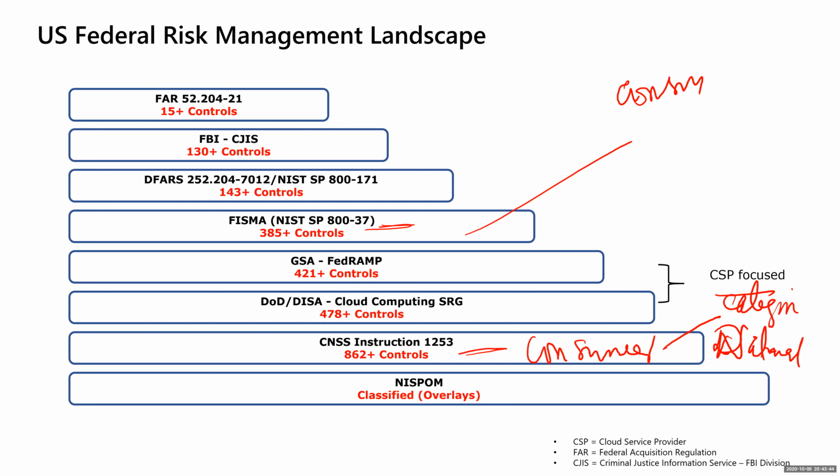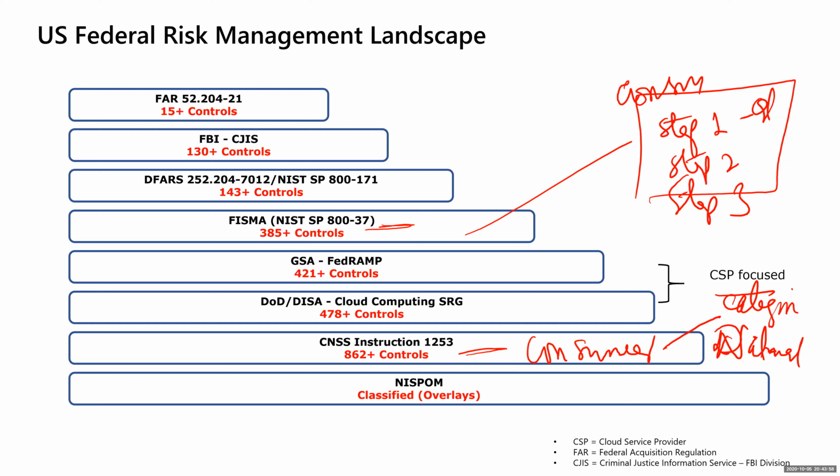Once we start getting into this in depth, you'll see there's step 1, step 2 around categorization and selecting controls. For the civilian side, steps 1 and 2, and even step 3, selecting controls, is a bit different from the non-civilian side or the national security systems, which is this.